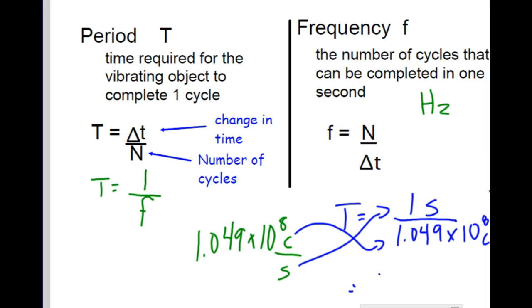Okay, we should get 9.533 times 10 to the negative 9 seconds in 1 cycle.